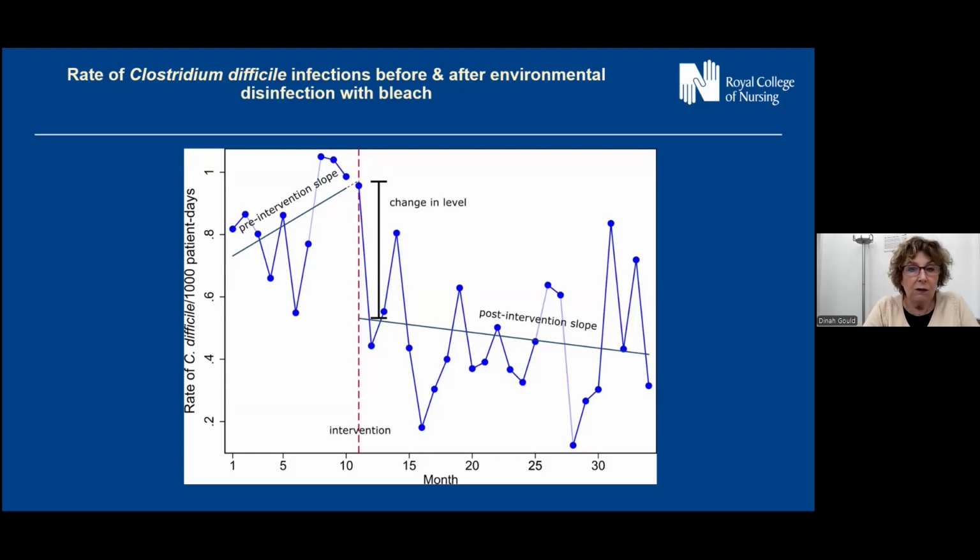You can see that infection rates before the intervention, before the bleach was introduced, were up and down, and they go up and down afterwards, influenced by things going on in the environment. But there is a definite trend, if you look at those figures, for the rates of infection to have gone down after the bleach was introduced. So the intervention did work.